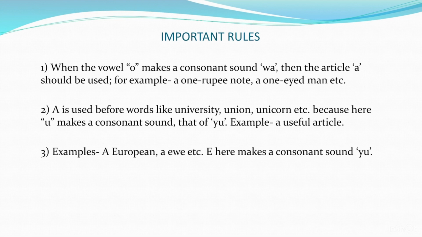Another rule is we say a European, a EU, etc. Because here E makes a consonant sound U. Okay, European, U like this. But if the word egg is there, we have to use an egg.